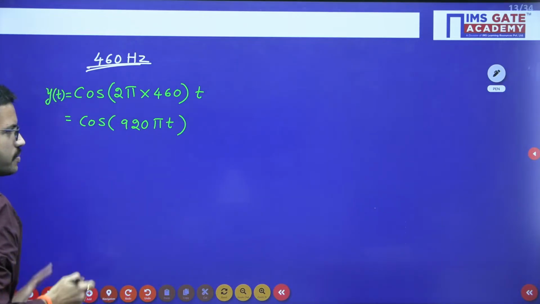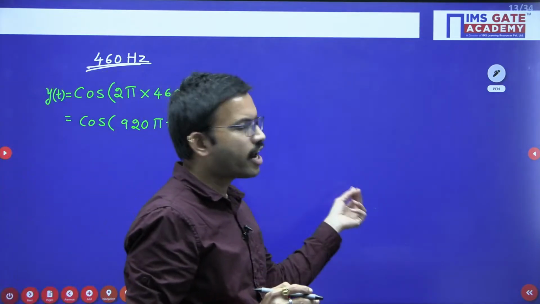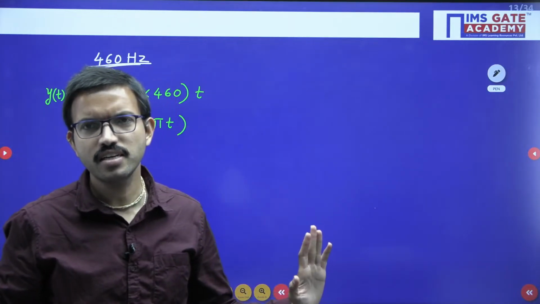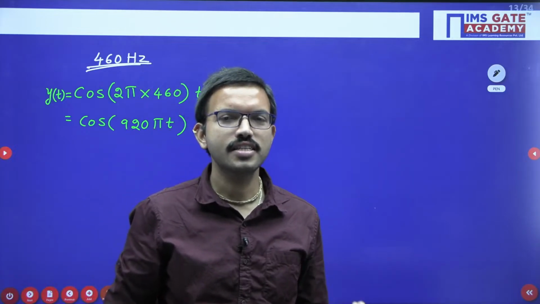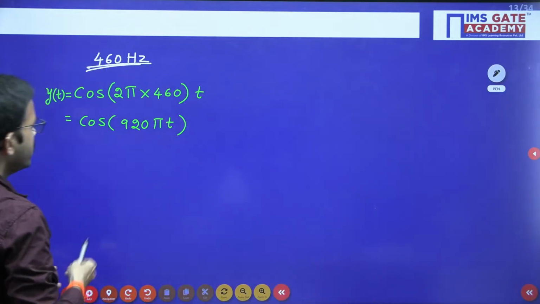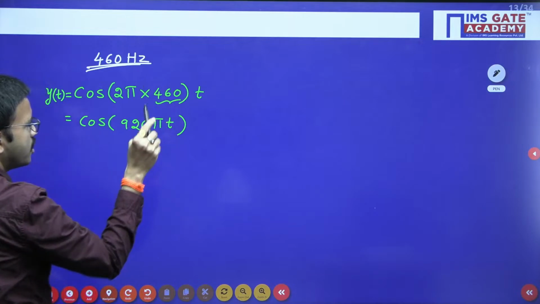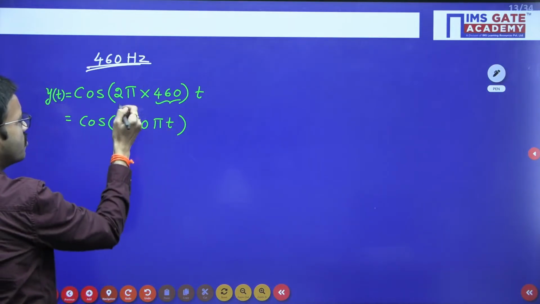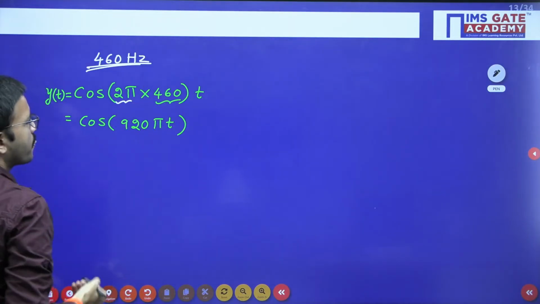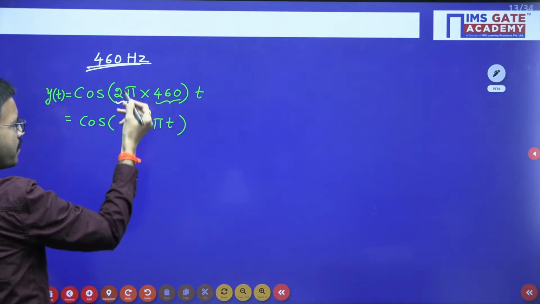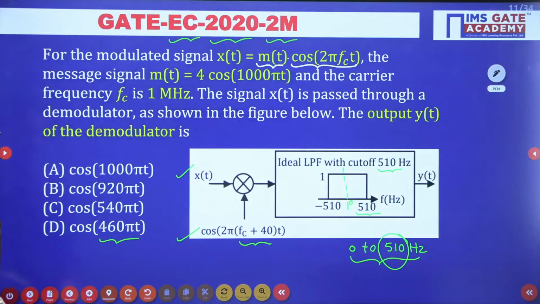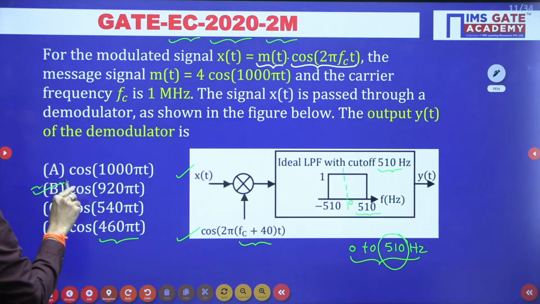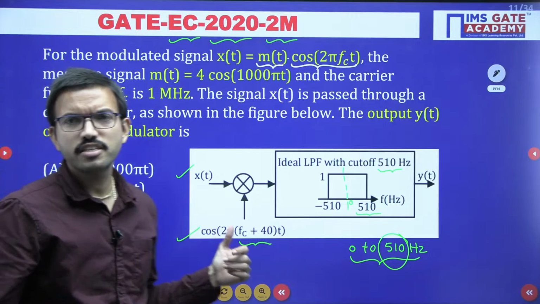So you have to be very smart, even though after solving the question something you are getting, according to the context you have to answer carefully, right? So here frequency wise it is correct only, but when you are representing the standard form you will get cos 2 pi ft, right? So you have to multiply with 2 pi, from there you are going to get 920 pi t. Now you can choose the correct option. Yes, option B is the correct one. I hope it is clear for everyone.